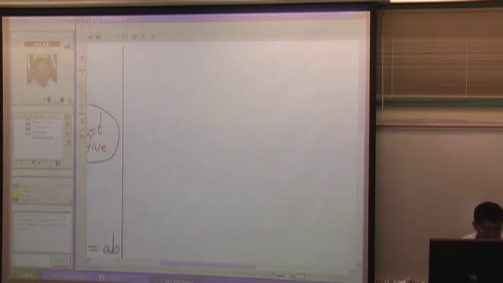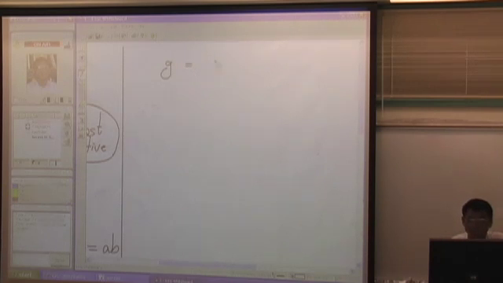So for convenience, as we did before, let's call G the GCD. GCD of A and B is called G, and then L is the LCM of A and B. So just the definition.